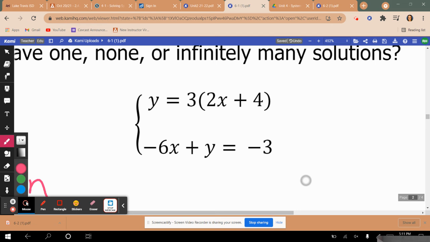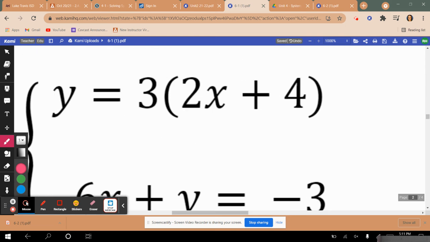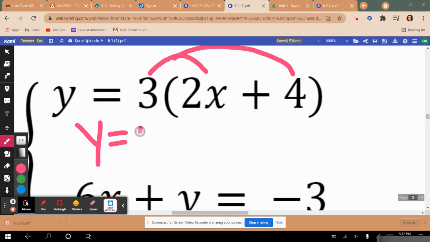On our second one, first thing we need is for this to be in y equals simplest terms. So I'm going to simplify these equations. So first I'm going to simplify by distributing this 3 to both the 2x and the 4. So that becomes y equals 6x plus 12.